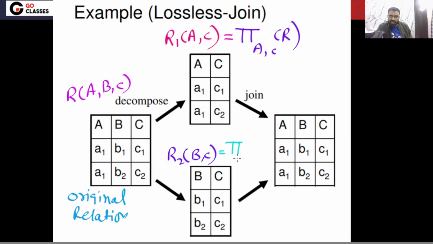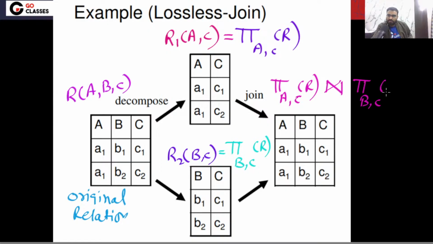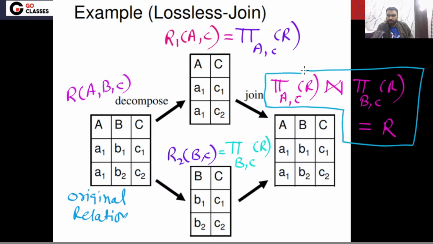And remember, when I do the natural join of pi AC of R with pi BC of R, then we are getting exactly the original relation R. So this is the definition of lossless decomposition. I hope you understood. Very simple. So this is lossless.